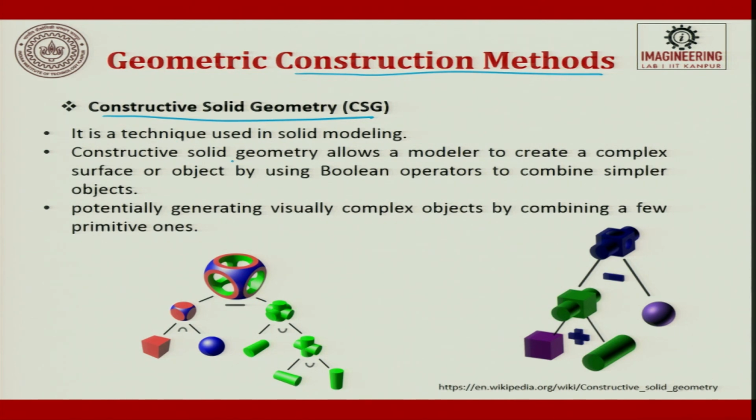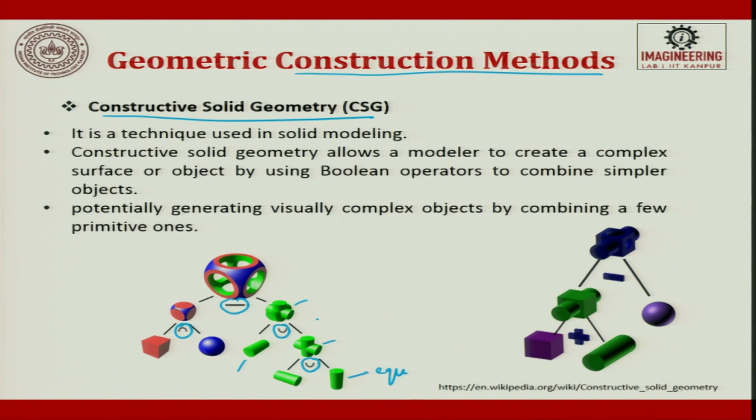Constructive solid geometry allows a modeler to create a complex surface or object by using Boolean operation to combine simpler objects. I know all these things can be defined by parametric equations. Then all I do is follow Boolean operations and get whatever I want in the final.